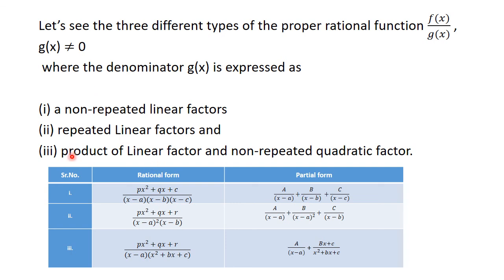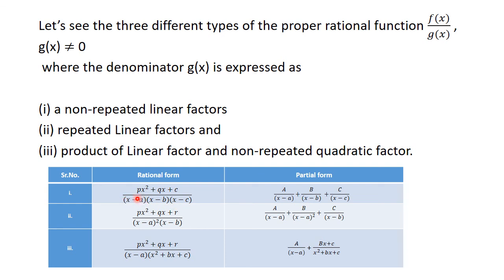Here the denominator of the rational form of the function may be of different types. Which possibilities are there? The denominator may have non-repeated linear factors. See, if the highest power of the variable is 1, then it is said to be a linear form.